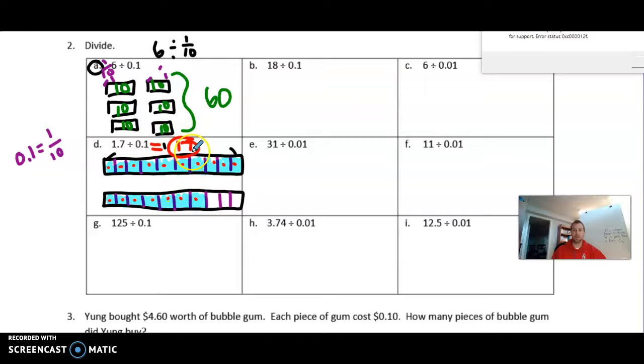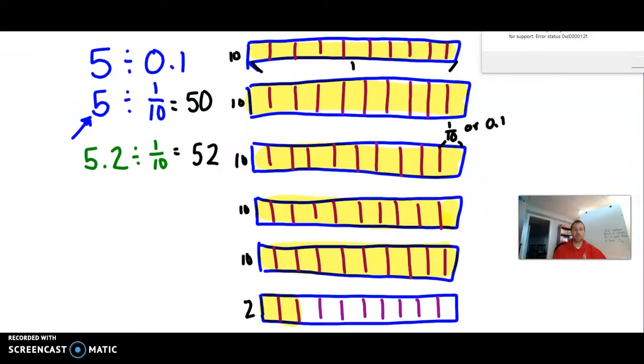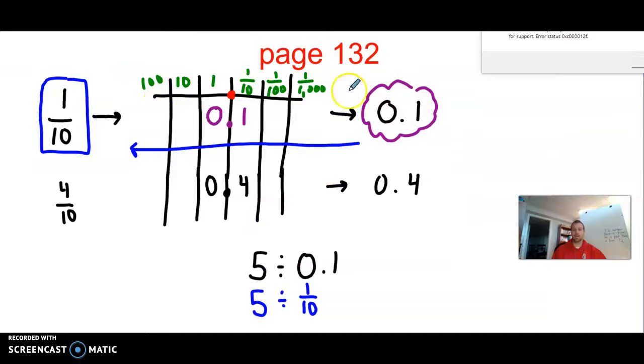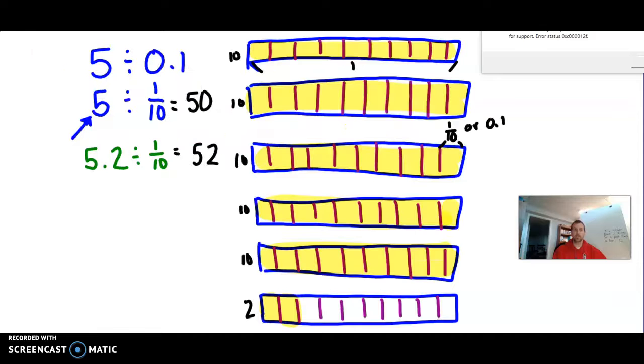Amazing work here. Again, I'm not going to keep our video too long, but I want you to notice that that model is so helpful with our work. Go back again as a quick review. We're focusing on just tenths. We mentioned how these two are equivalent with the help of our place value chart.